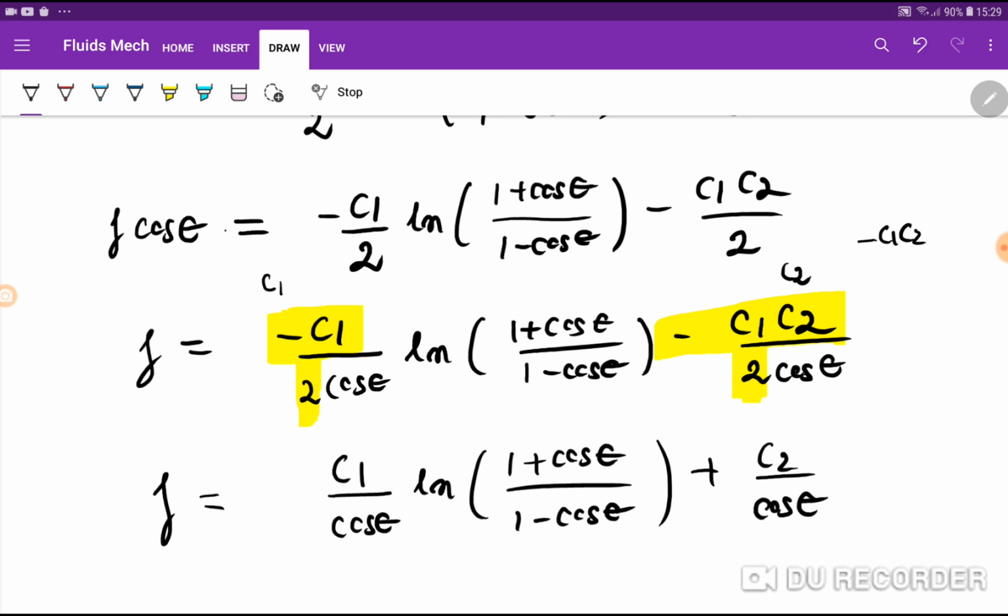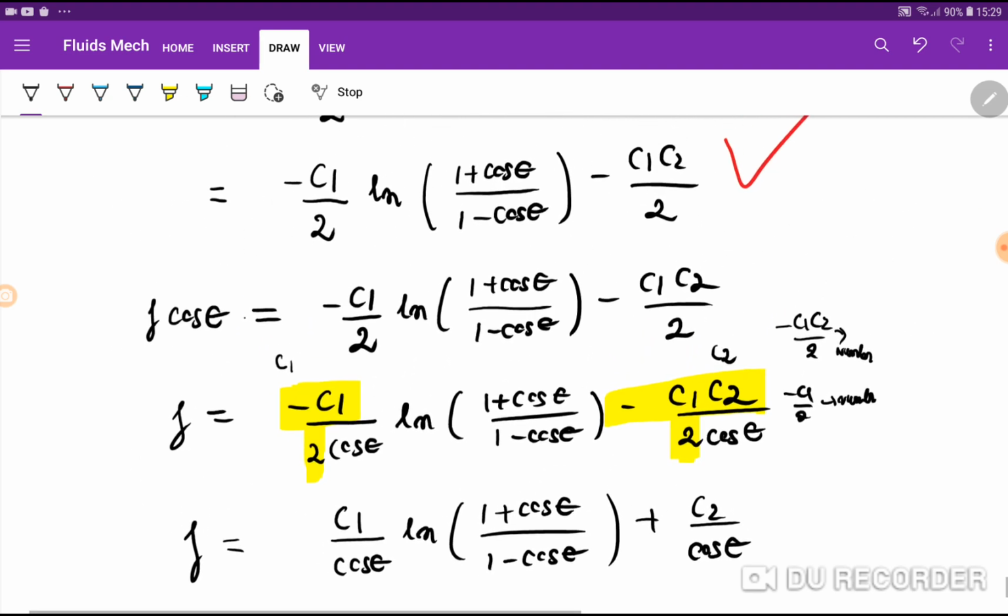Negative C1 C2 over 2 is just a number, and negative C1 over 2 is a number. So you can write it in a cleaner way. C1 denotes a random number. Negative C1 over 2 denotes a number too, so why would you write negative C1 over 2? You just write C1, which is simpler. There's no negative sign, there's no over 2, right?